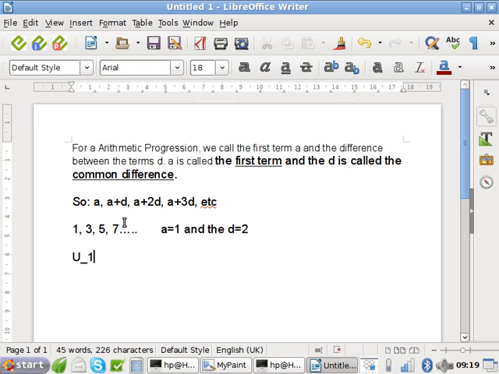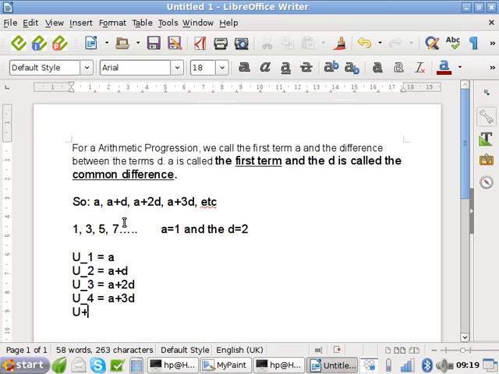If you look at the sequence, I think you can figure out the formula. The first term, U1, is equal to A. The second term is A plus D. The third term is A plus 2D. The fourth term is A plus 3D.